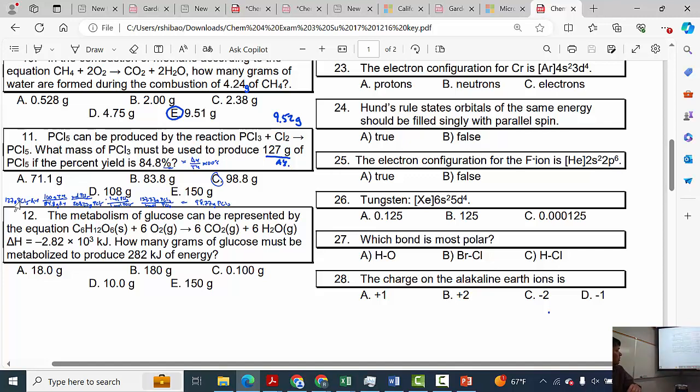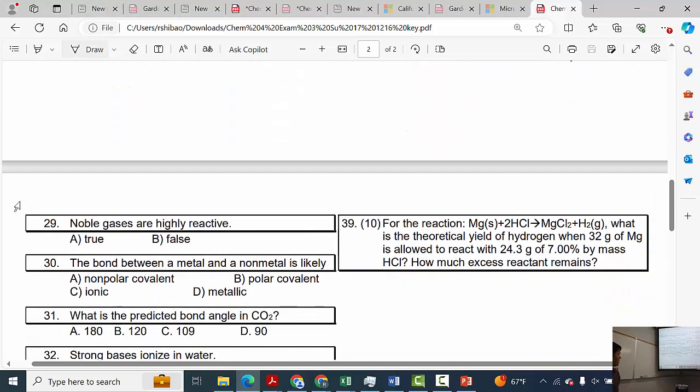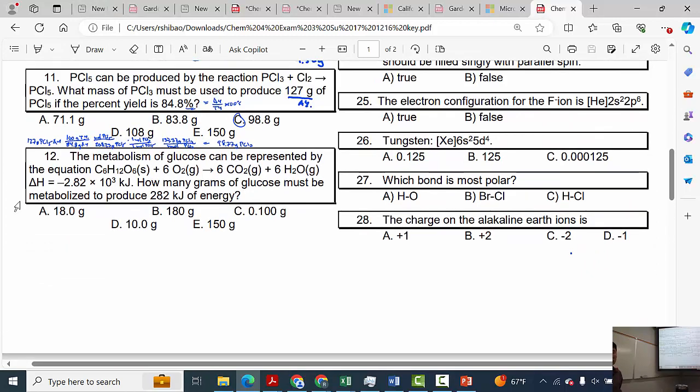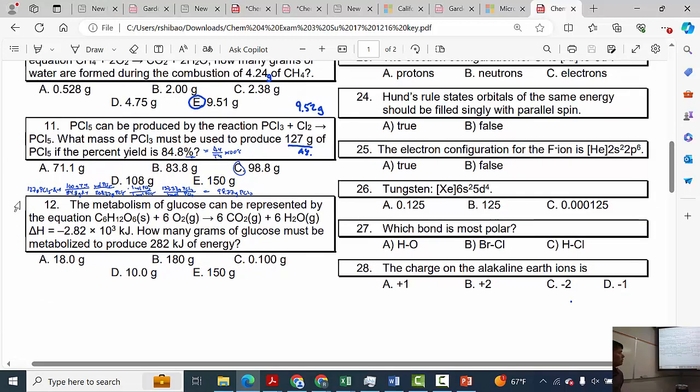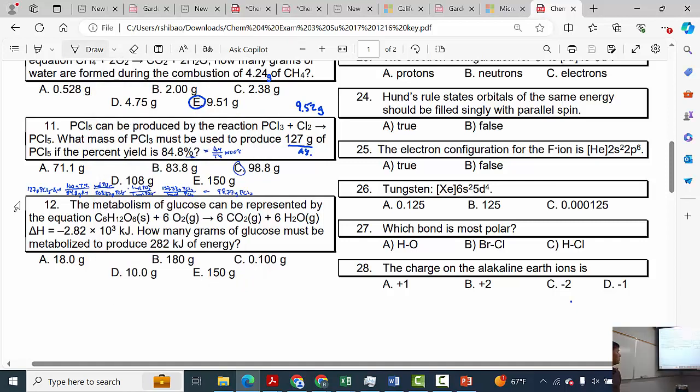The metabolism of glucose can be represented by the equation here, C6H12O6, etc. Is this exothermic or endothermic? Exothermic. How many grams of glucose must be metabolized to produce 282 kilojoules of energy? Now this is just dimensional analysis.